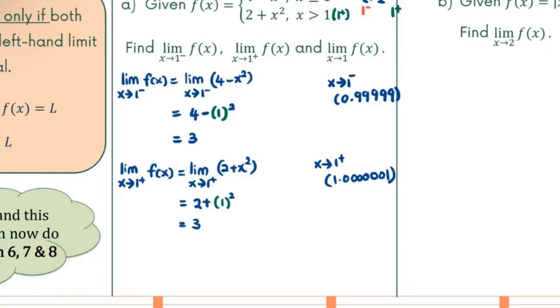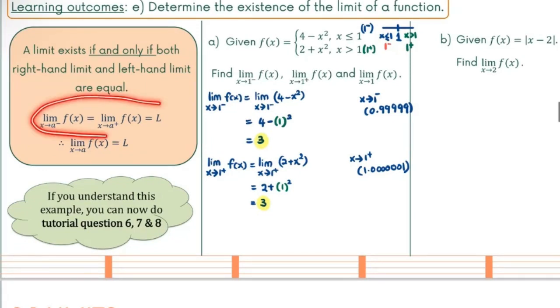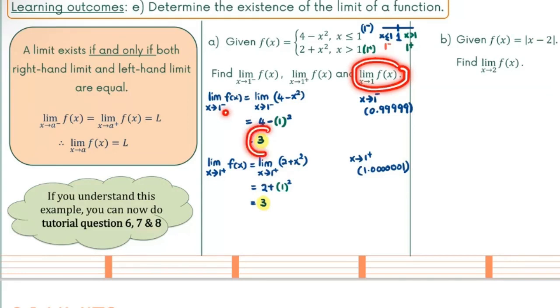Okay, so kalau perhatikan dekat sini, nilai ini sama dengan nilai ini. Daripada arah kiri sama dengan arah kanan. So dia satisfy condition ini. Okay, so apakah value kepada limit of x approaching 1? Since 1 from the left, nilai dia sama dengan 1 from the right.